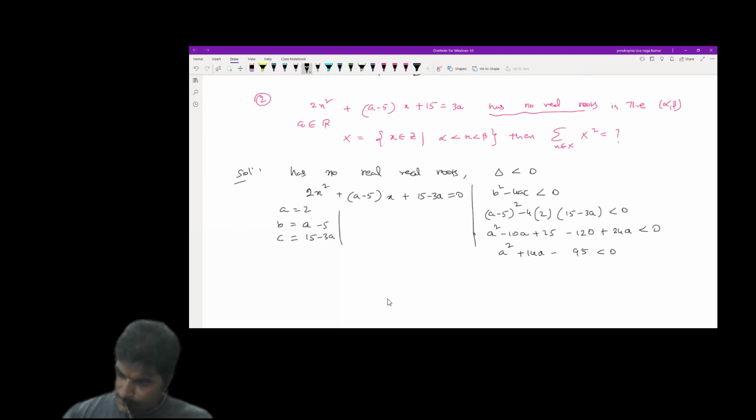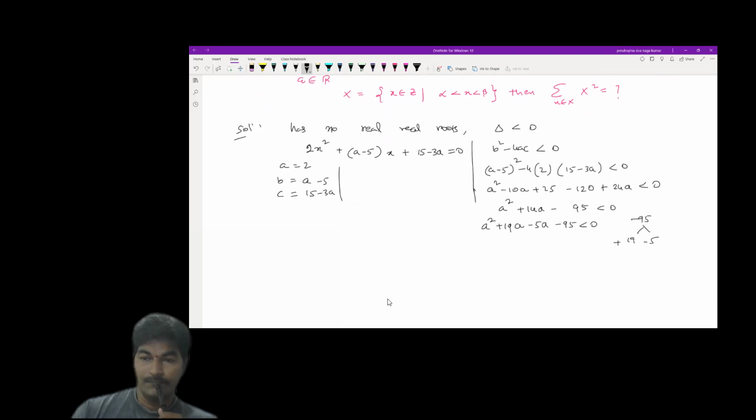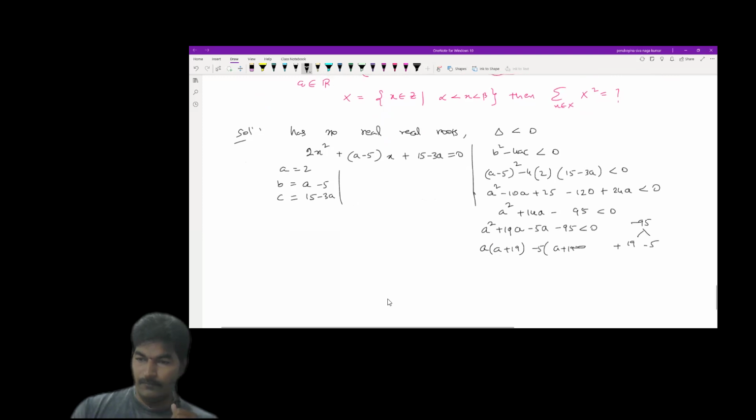So just checking for the factors, you can take 19 fives minus 95. 19 fives, you can take plus 19 and minus 5. So a square plus 19a minus 5a minus 95 less than 0. So take a of (a plus 19) minus 5 of (a plus 19), which is less than 0.